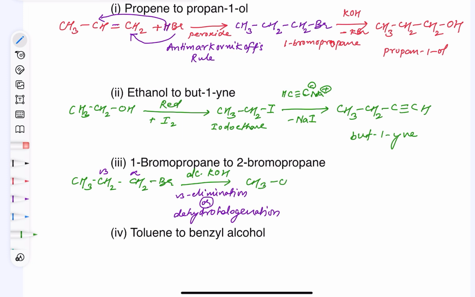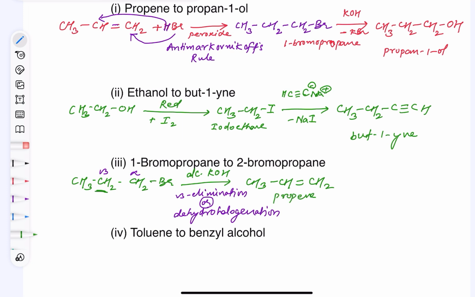So CH3 CH double bond CH2. From adjacent alpha and beta carbon, you will remove HBr. From the beta carbon you are removing hydrogen, and hence it is referred to as beta elimination also, or as I said, dehydrohalogenation. So this leads to formation of the product propene.